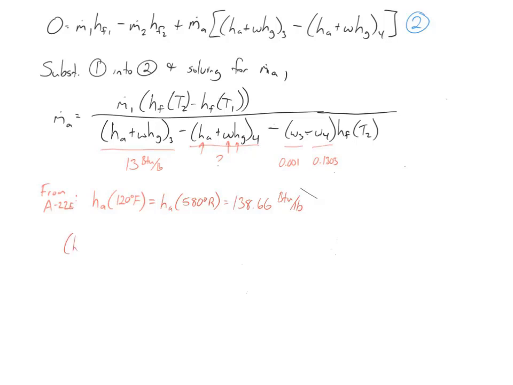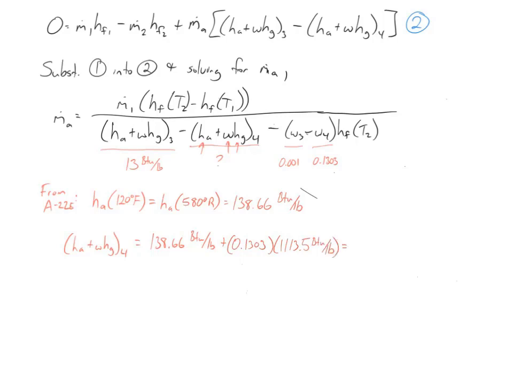All right, so now if we plug this in here, our mixture enthalpy, h_a plus omega times the saturated vapor value, all at state 4, is going to be equal to 138.66 BTUs per pound plus 0.1303 for our humidity ratio at state 4, multiplied times 1,113.5 BTUs per pound.